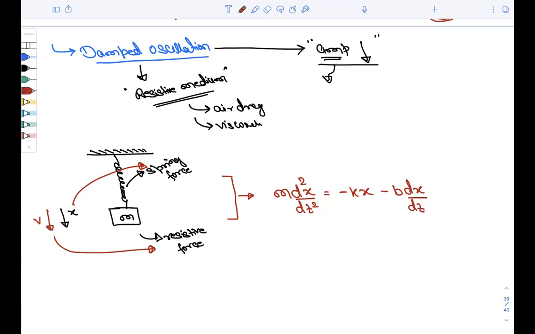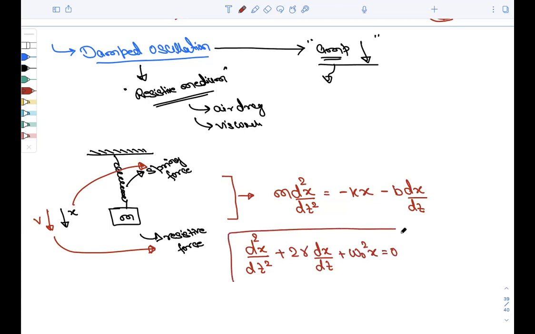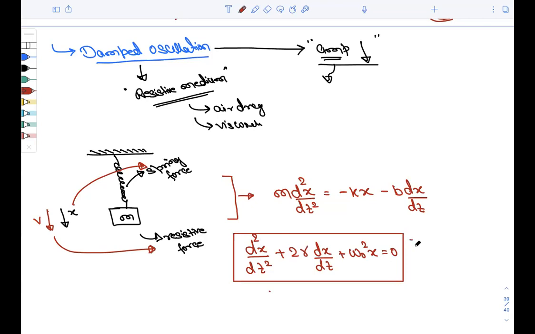From here, it becomes d square x upon dt square plus 2 gamma dx by dt plus omega naught square x is equal to 0. This is the equation we are talking about, where gamma is equal to b by 2m, and omega naught square is equal to k by m.